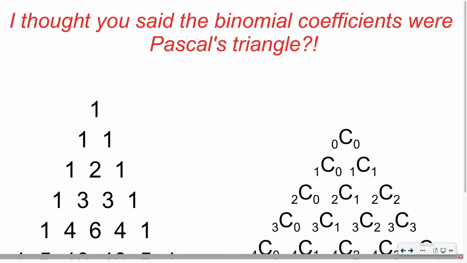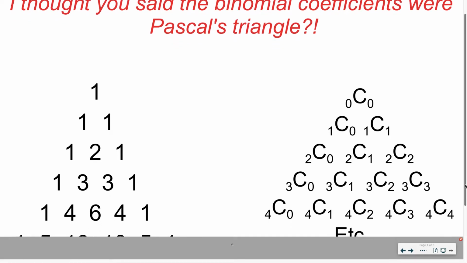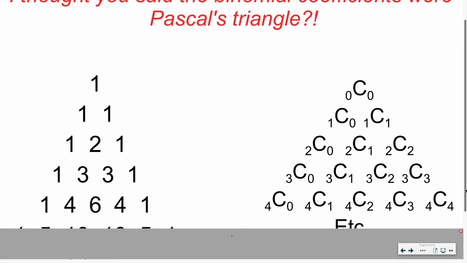Pascal's triangle is the same as these coefficients. Okay, so each row in Pascal's triangle is a combination. So this row right here, 3 combinations of 0, 3 combinations of 1, 3 combinations of 2, 3 combinations of 3 is the same as 1, 3, 3, 1.